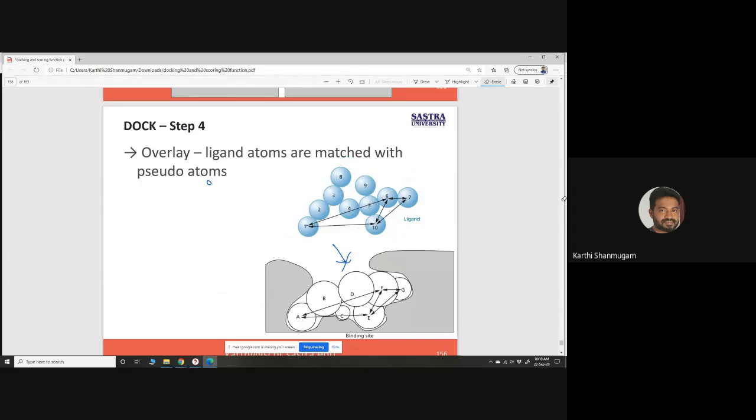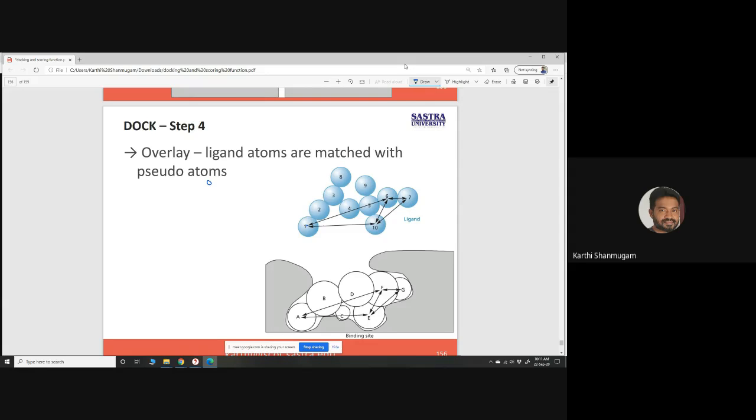So for fitting the ligand molecule inside the binding site, again I repeat, conceptually very important. First, it fits different spheres inside the binding site and labels each sphere, and the input ligand molecule, whatever the number of ligand molecules, it converts that ligand molecule into a pseudo atom, and it creates a distance matrix for each ligand molecule.